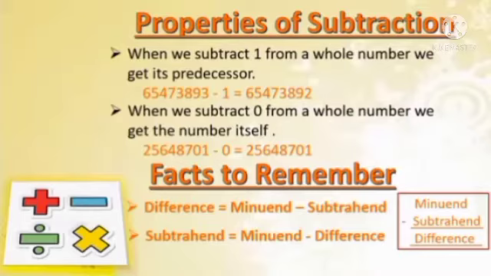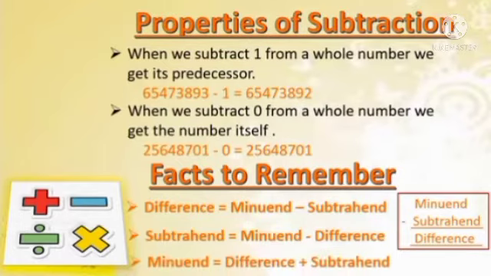Then subtract difference from minuend. That is, subtrahend is equal to minuend minus difference. If minuend is not given and we know subtrahend and difference, to calculate minuend, add subtrahend and difference. That is, minuend is equal to difference plus subtrahend.